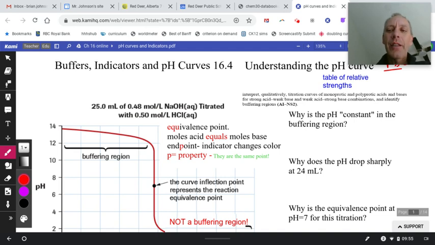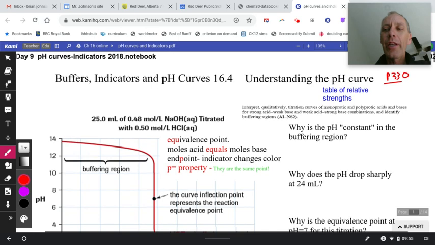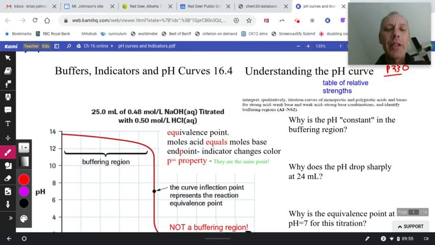Yay. That's exciting news. Okay, so we're going to dig into this right away, and we are on page 330 in your study guide if you're following along and filling in your notes. And we're going to be looking at a couple things today. We're going to go into detail on pH curves and understanding the shape and the different areas of a pH curve. And you did this in Chem 20, maybe not quite to this level, but this is a review for you.